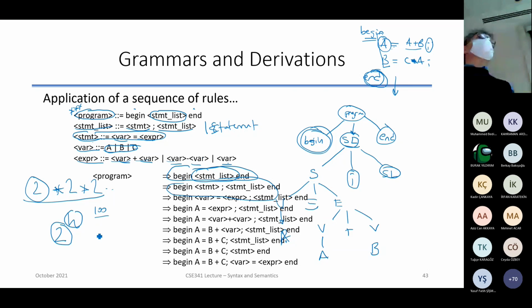So this has to be fast. Now, the second question we haven't answered with this method: is this going to generate a unique tree? It may generate multiple trees, and we still don't know. All right.